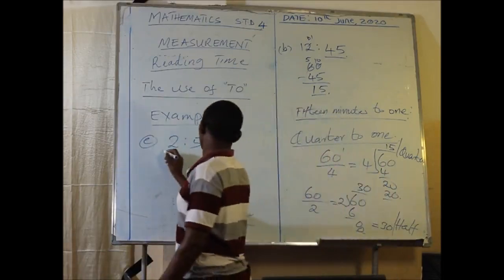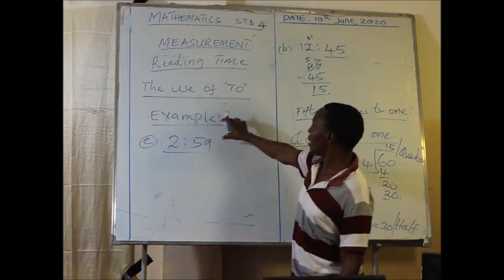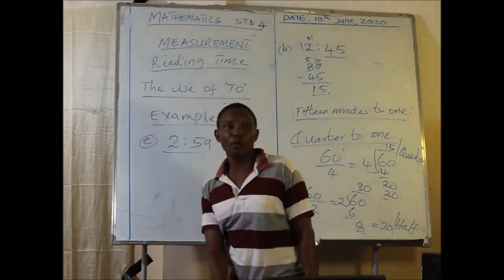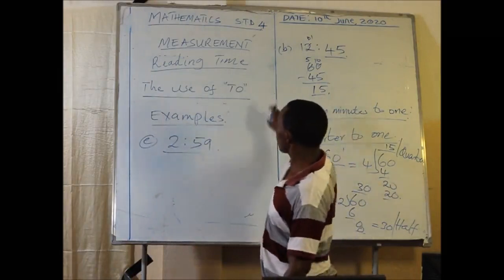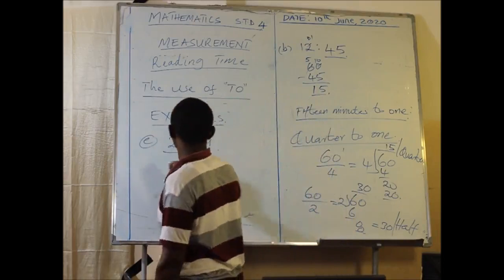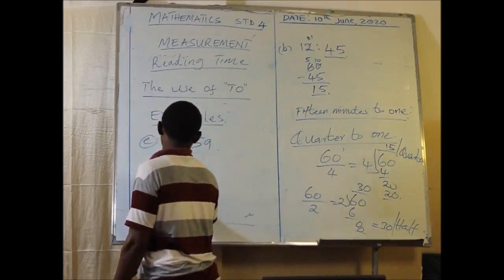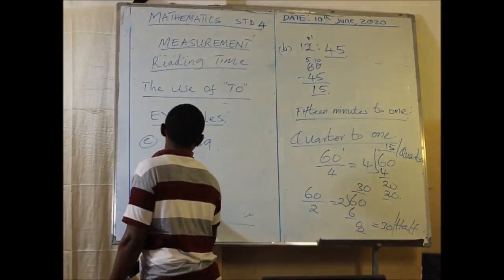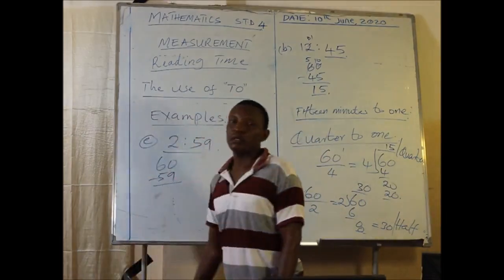This one means that it has already passed into the part of the use of past, which means we need to use subtraction to get the remaining minutes, whereby we take 60 minutes subtract 59, to get how many minutes remain.